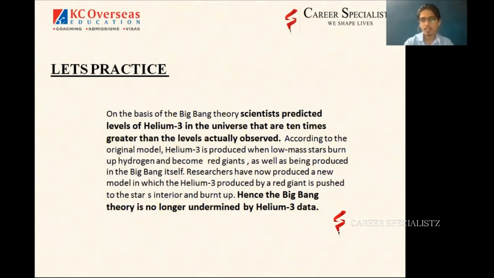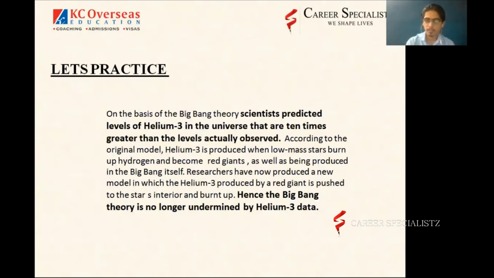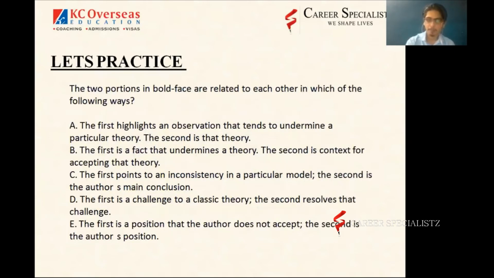So, on the basis of a theory that has been devised, scientists were able to predict levels of helium-3 which were 10 times more than the previously observed levels. That means there has been an inconsistency in the presently identified levels and those levels which were previously observed by science. So the first part of option C holds true.